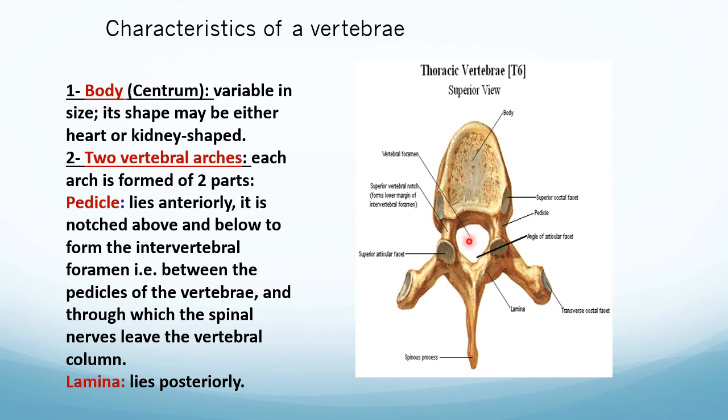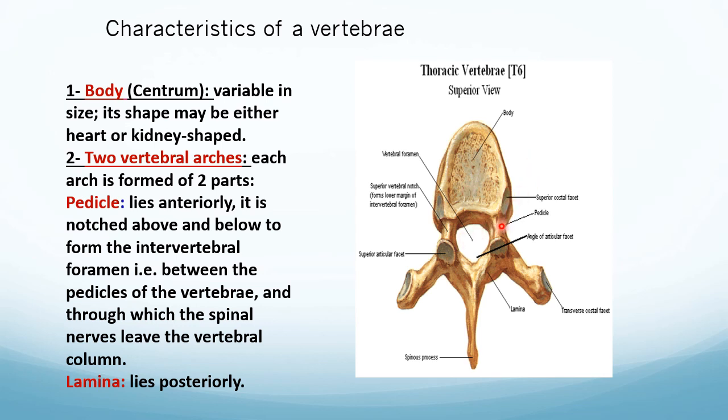This is the vertebral foramen. And 7 processes including 2 transverse processes, 2 superior articular processes here, and another 2 inferior articular processes directed downward and carrying an articular facet, and a spinous process directed backward and downward. These are the parts of the vertebra.